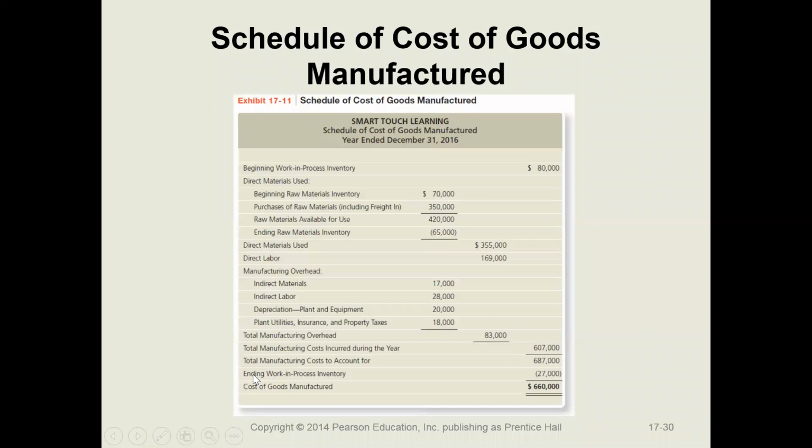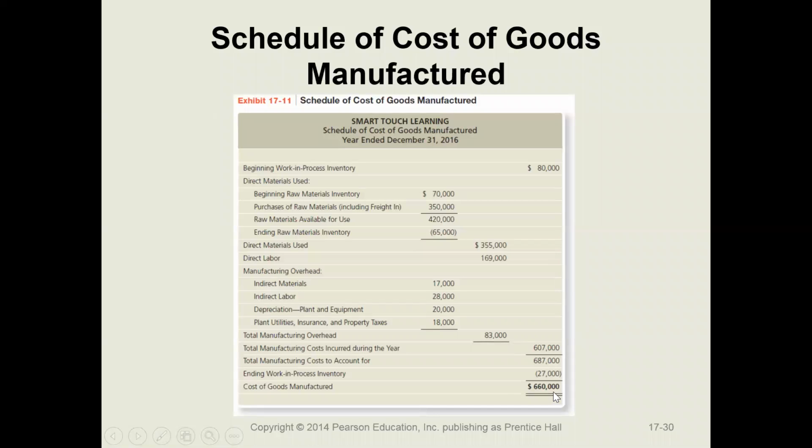Then we subtract our ending work in process inventory. So items at the end of the period that we've started to work on, but we have not yet finished by the end of the period. That's ending work in process. That gives us the line cost of goods manufactured.